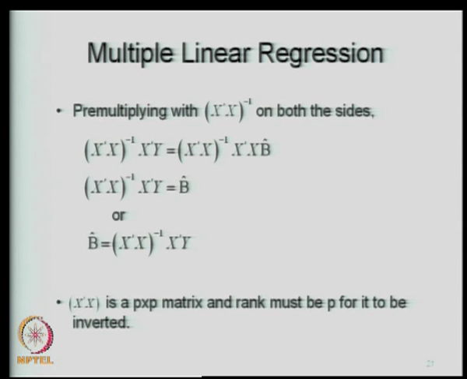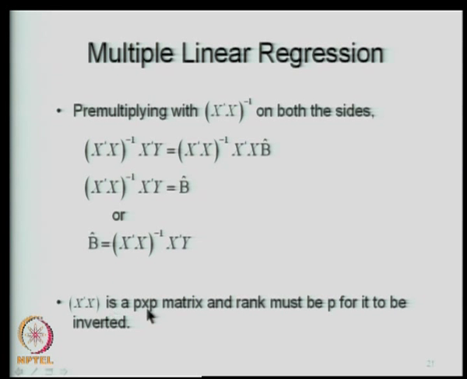Pre multiplying with x dash x inverse on both sides, I get x dash x inverse x dash y is equal to x dash x inverse x dash x beta cap, from which I can write beta cap is equal to x dash x inverse x dash y. This capital B here indicates that beta is a vector, and therefore, we indicate this by B.